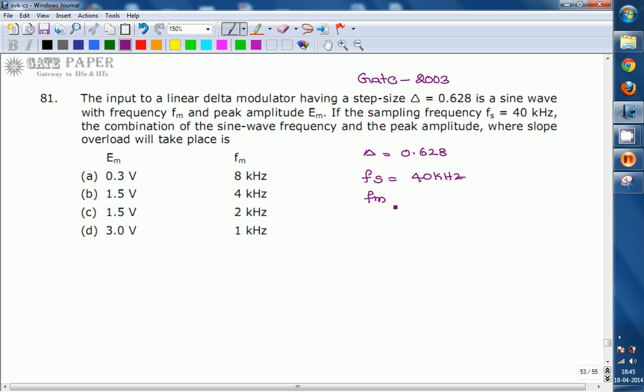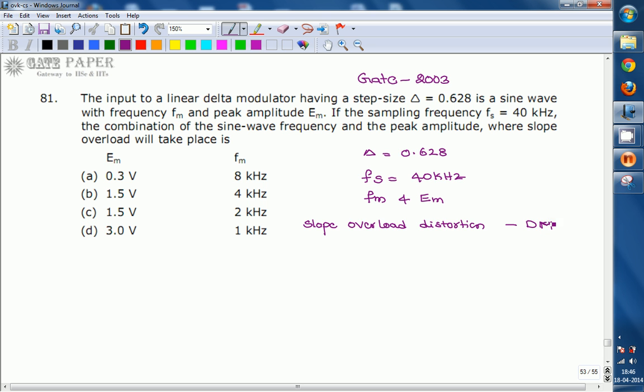fm is the frequency of the sinusoidal signal and Em is the peak amplitude of the sinusoidal signal. Now for slope overload distortion in a delta modulator we have a condition.